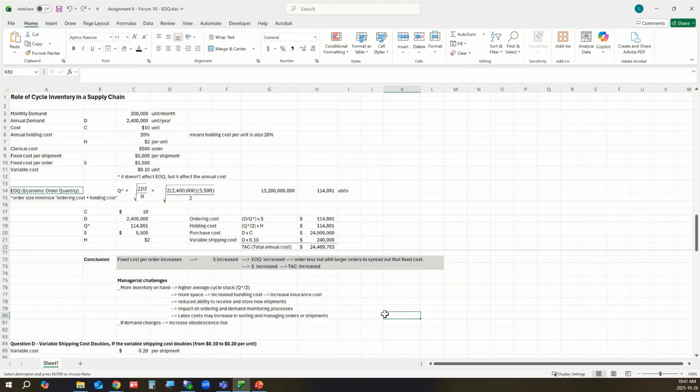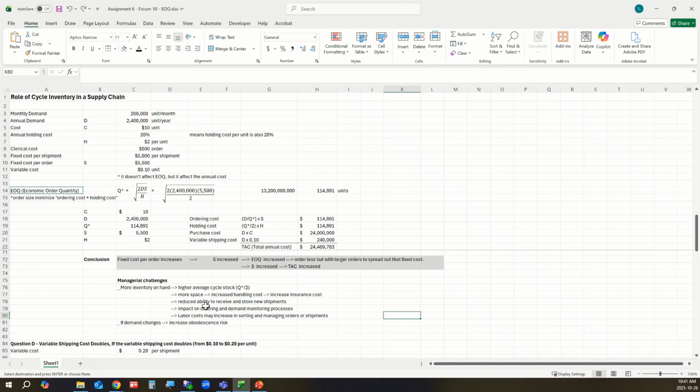And about the managerial challenges, with more inventory on hand, we will have a higher average cycle stock, and we will need more space for the inventory, and it will increase the handling cost, and of course will increase the insurance cost.